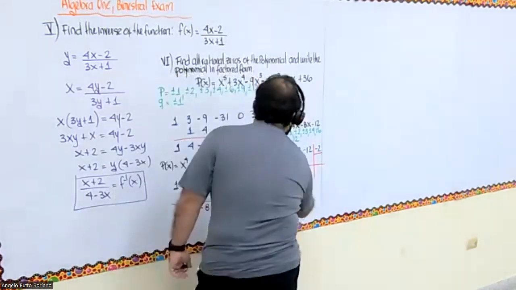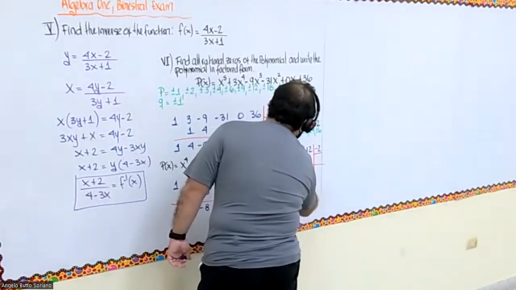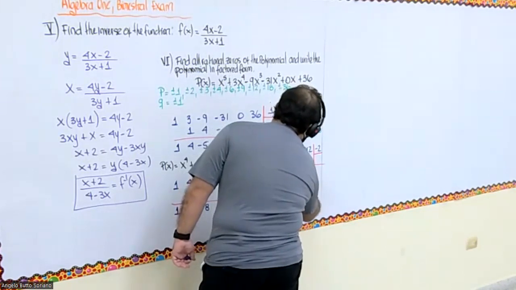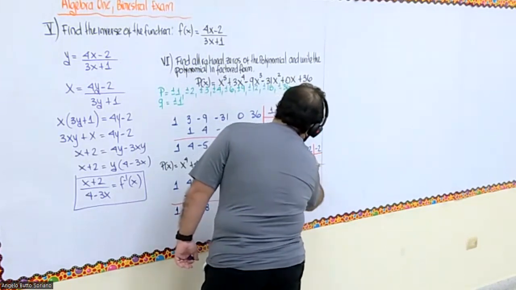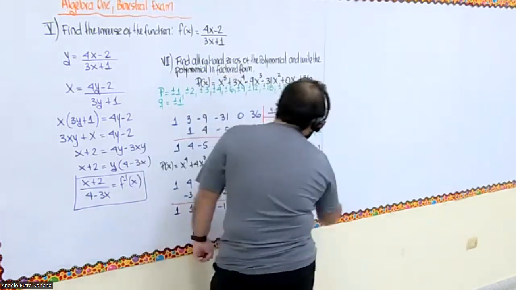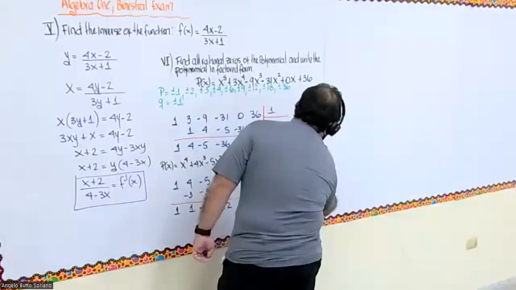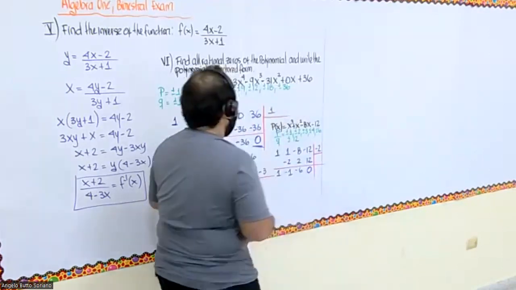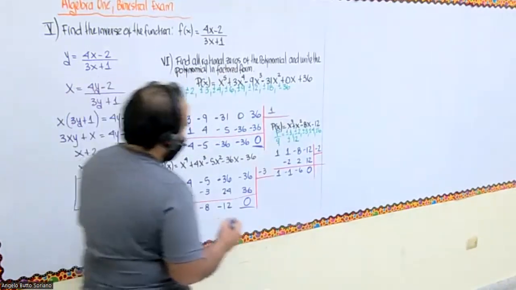So 1 times -2, -2, we have -1. Times -2 is positive 2. We got -6. -6 times -2 will be positive 12. So we got a new 0.